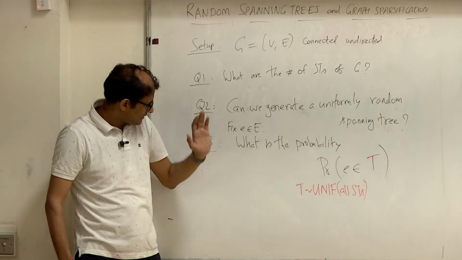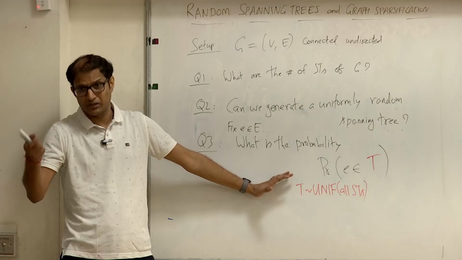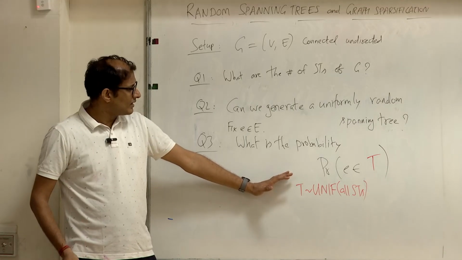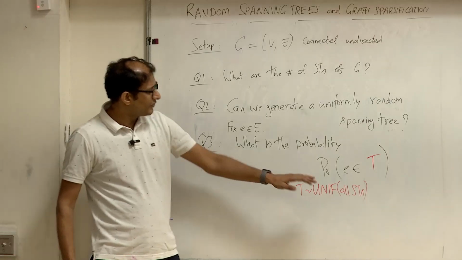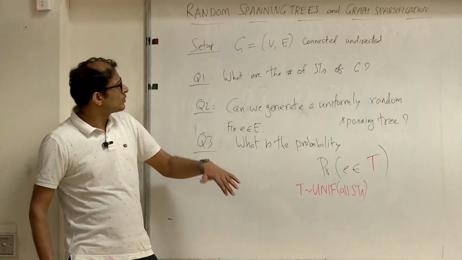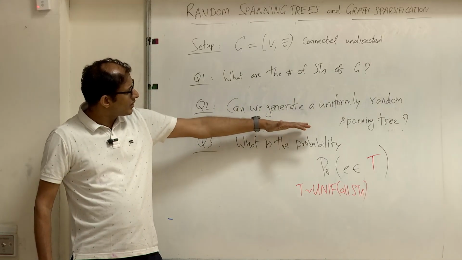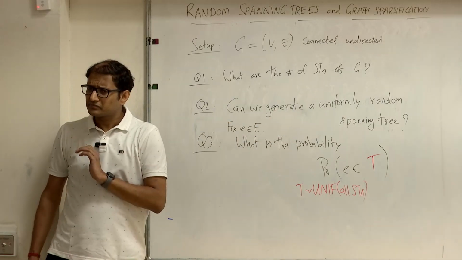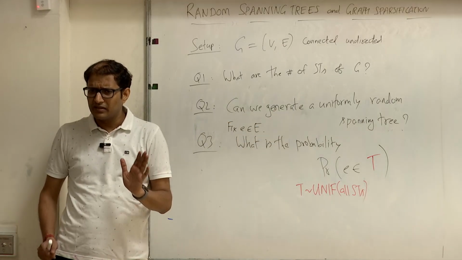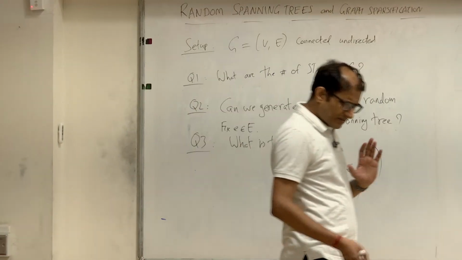So if you could determine for every single edge in polynomial time in your input graph, whatever it is, the probability that a random spanning tree of this graph picks up this edge, and you also know the count of the number of spanning trees in a particular graph, you could in fact generate a uniformly random spanning tree, right? So that's a claim that I'm making. Does anybody see why that should happen? It requires some effort.